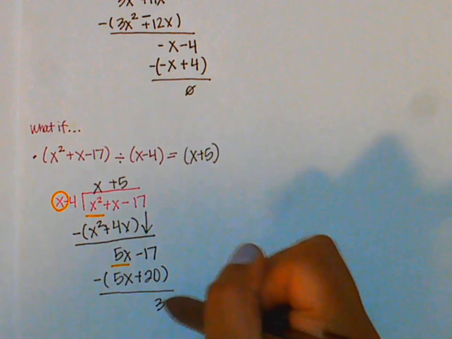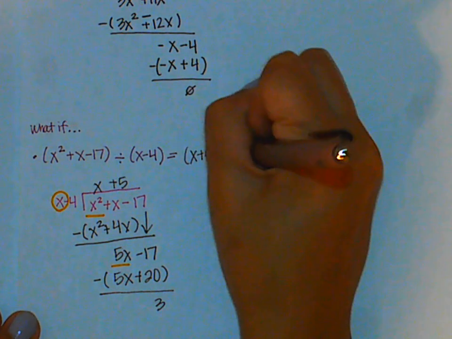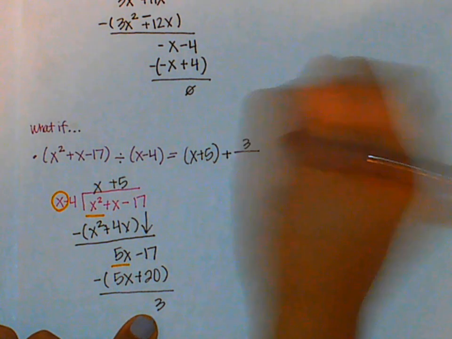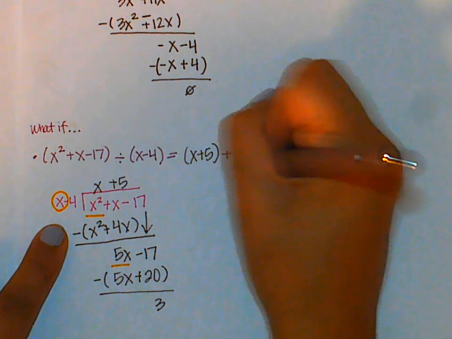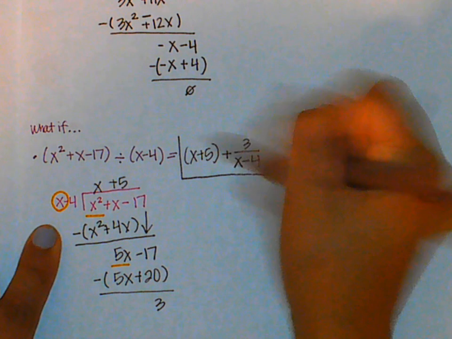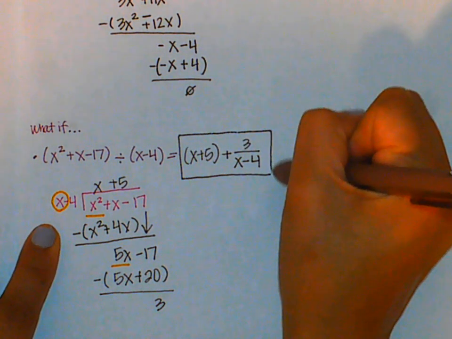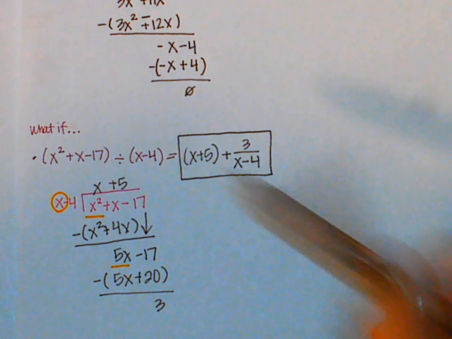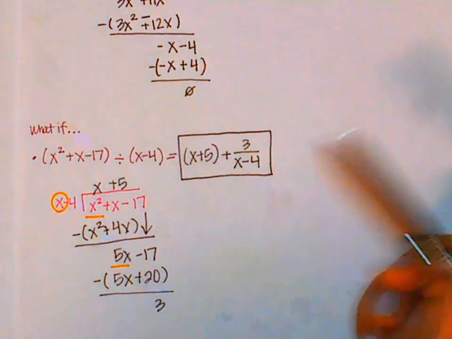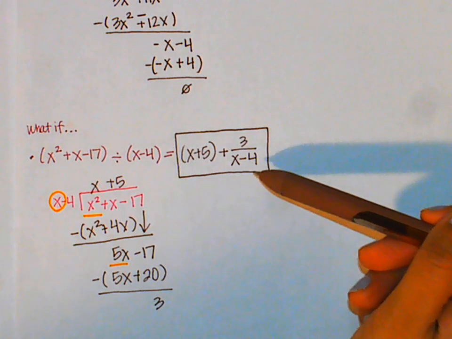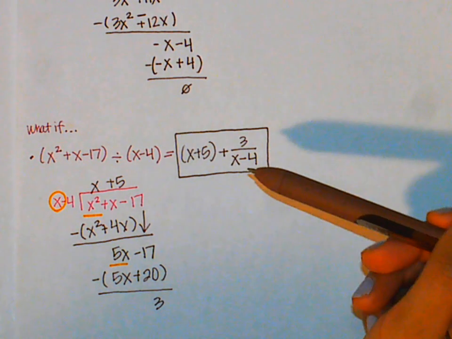So I'm going to say plus 3 over x minus 4, and that is our answer. The idea is the same. It just happens that instead of having a number like 13, now we have a binomial, which is x minus 4.